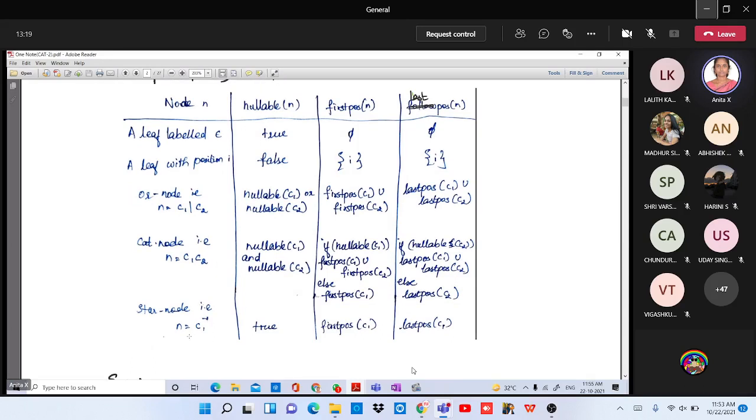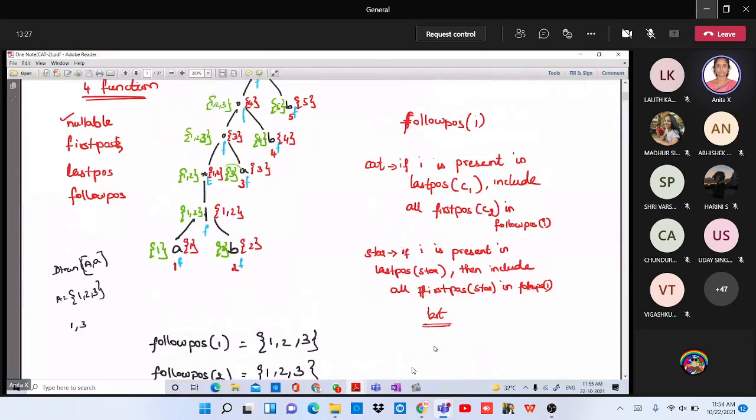Alright, and then clean closure is first position of C1, last position of C1. Clean closure will be having this node, which we are calling C1. Whatever the first position of this node, I will be having it here. Whatever last position of this node, I will be having it here. That's it. First position, last position.